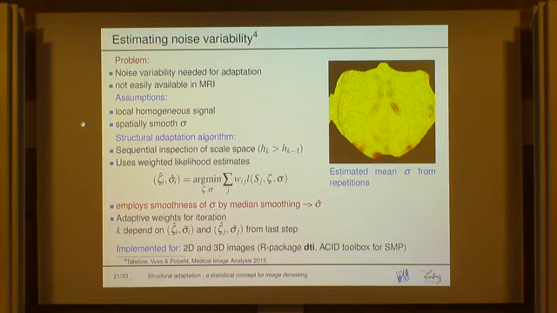The assumptions that we make are that we have a locally homogeneous signal corresponding to different tissue types and orientations, and that we have spatially smooth sigma.